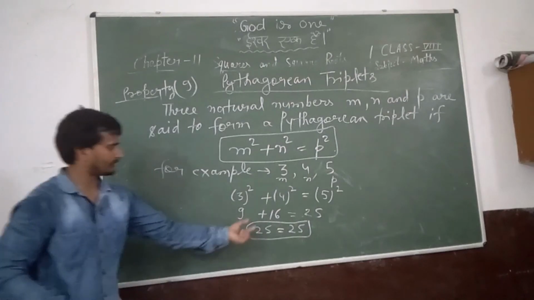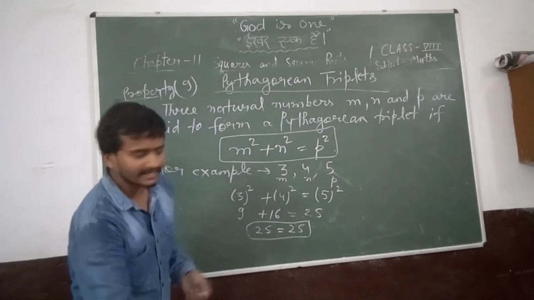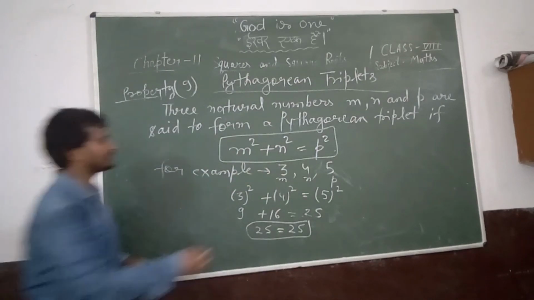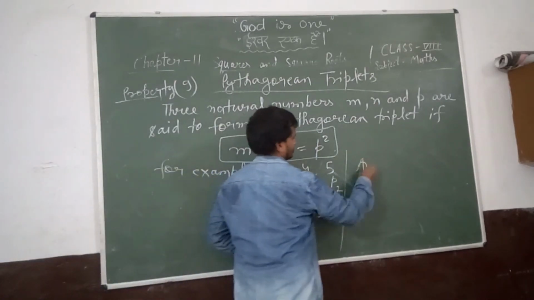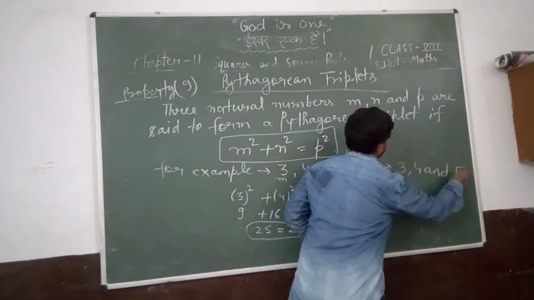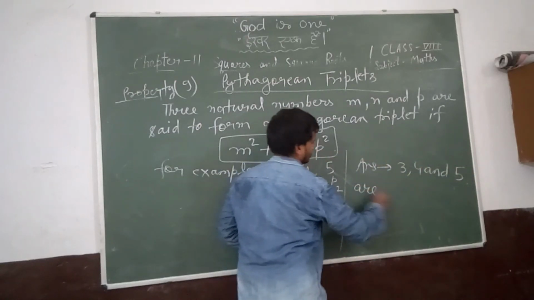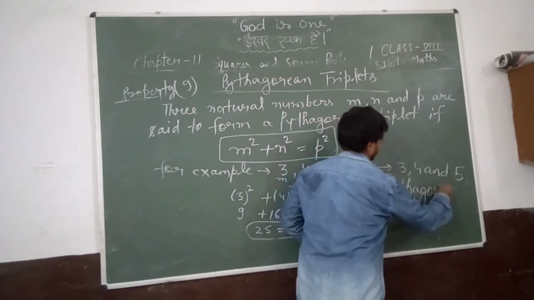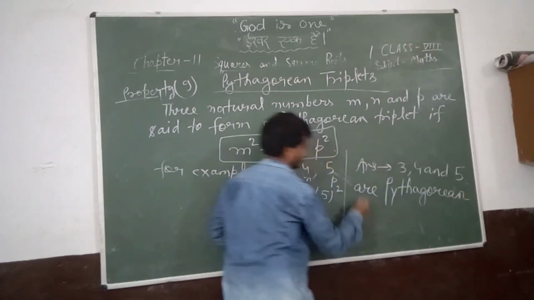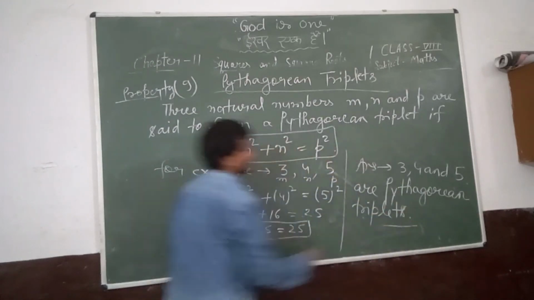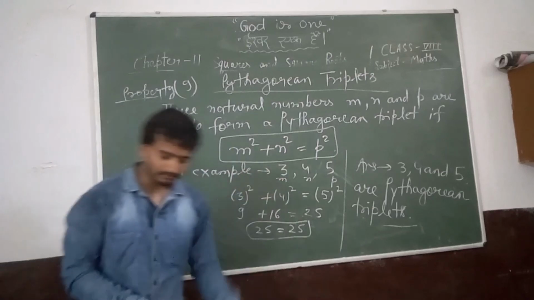Both sides are equal, 25 equals 25. So we can say yes, 3, 4, 5 are a Pythagorean triplet. This is an example.